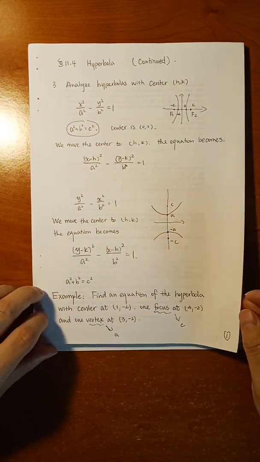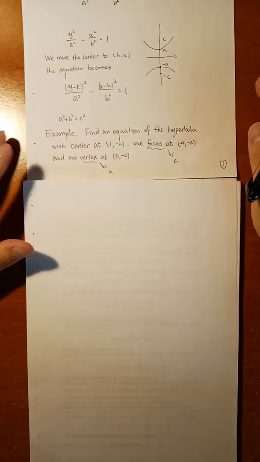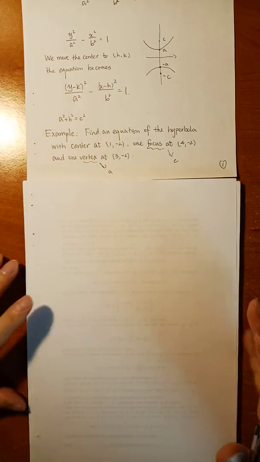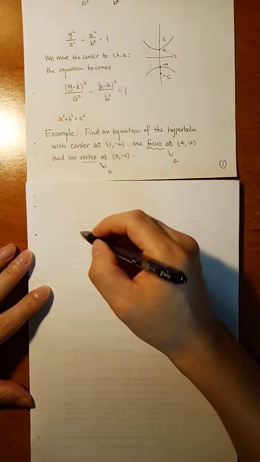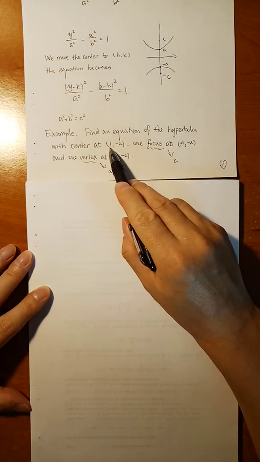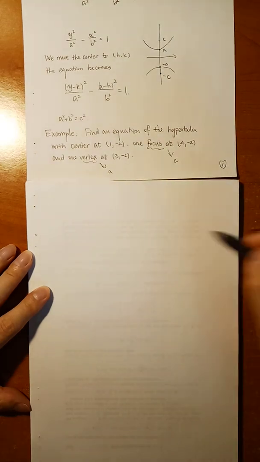But how? Let's draw the graph. We don't discuss it in an abstract way. We always check it based on the graph. Okay, so let's try to sketch it. It's (1, negative 2), (4, negative 2), (3, negative 2). It's horizontal.